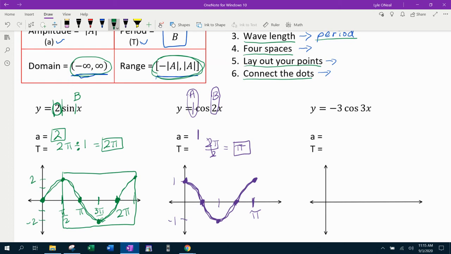Look at that compared to the cosine. Doesn't that look the same? But then if I take my cosine wave and continue it one more space, look at this slice right here. Doesn't that look like a sine wave now? So these waves may look a little different, but it's because you're taking a different slice of the wave, okay?